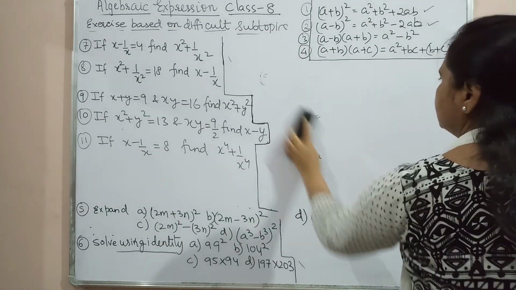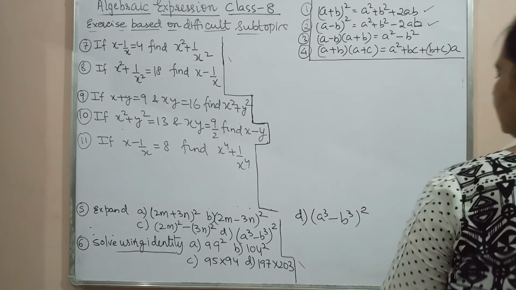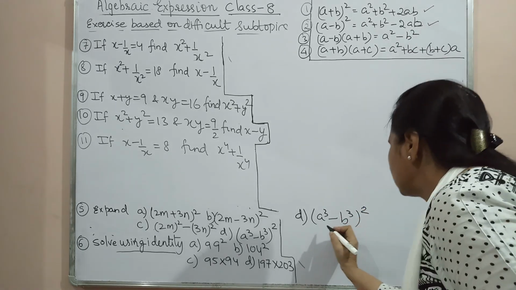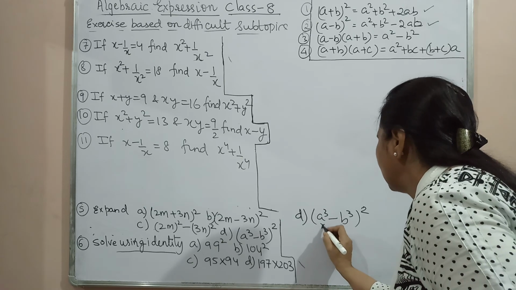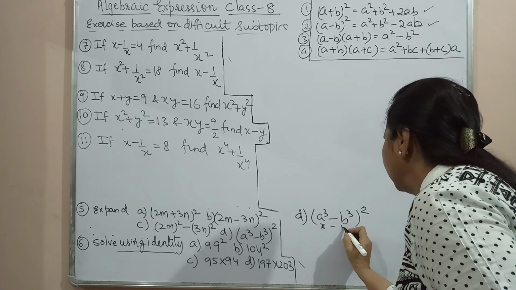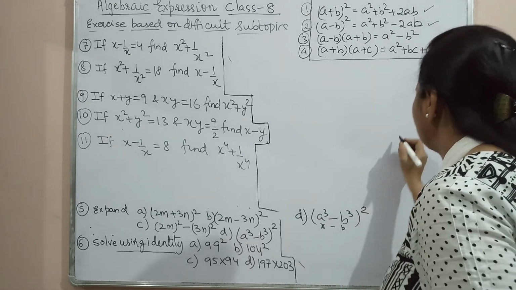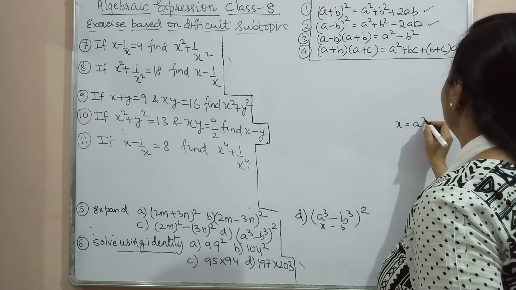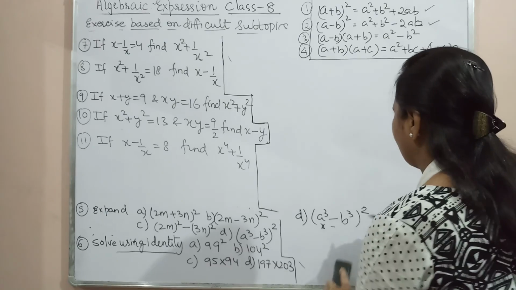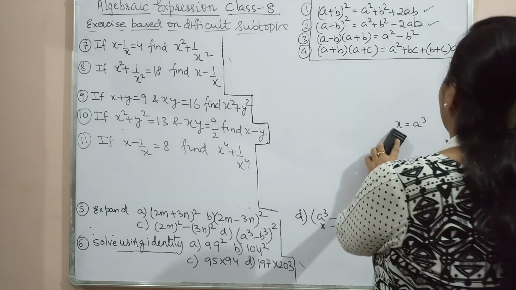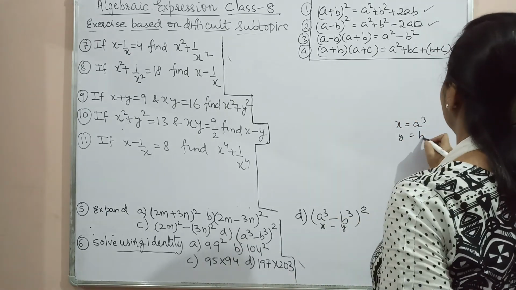Now the next part is this. Suppose we take this as x, this is x minus y. Alright, so what is x? x is a cube and y is b cube.